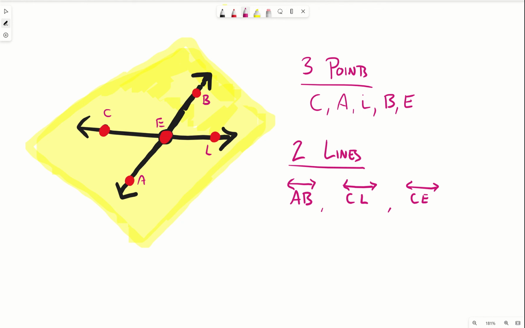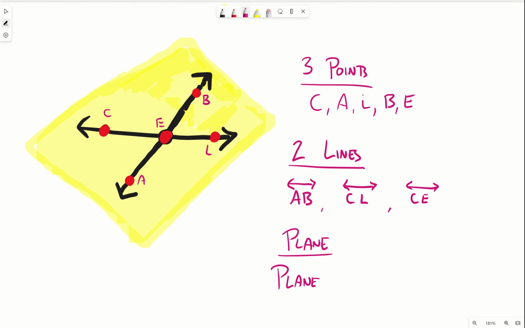All right, if I were to say, name this plane for me, what would we call this plane? Well, it can be plane whatever you want as long as the 3 points aren't in a straight line.